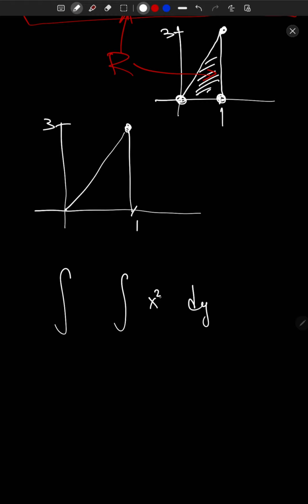So my function was x squared y. So my inner integral, the first integral I'm going to be working with, is integrals where y is changing and x is fixed. X is constant, right? So one typical example of such an integral in terms of our picture would be, for example, integrating from here to there.